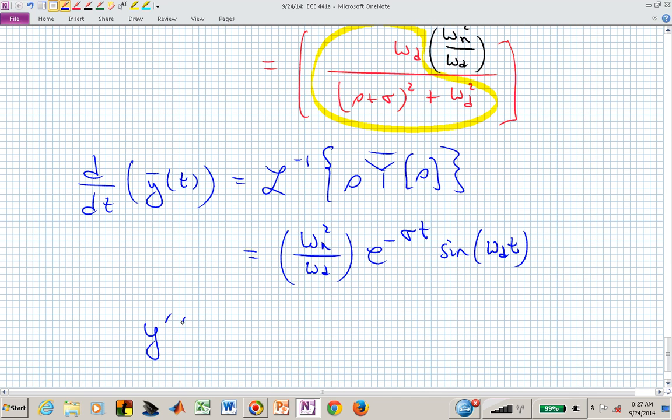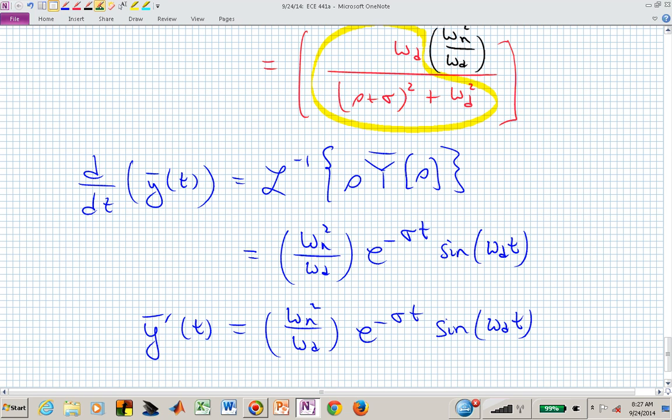Or y prime bar of t is now omega sub n squared over omega sub d, e to the minus sigma t sine omega sub d t.